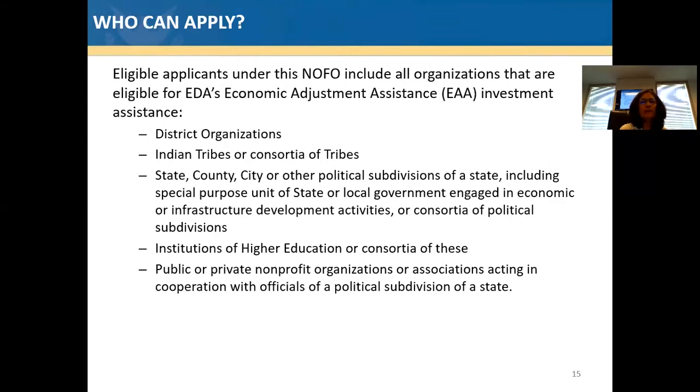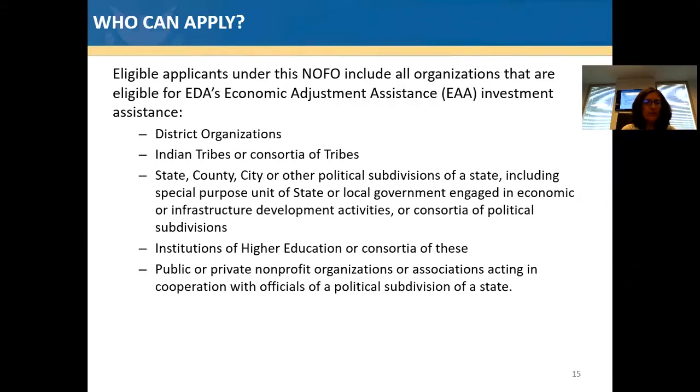So in terms of eligibility, who can apply, these eligible parties should be familiar with EDA requirements, and I think consistent with that of many other federal agencies. Many different state, county, and city political subdivisions of a state would be eligible.